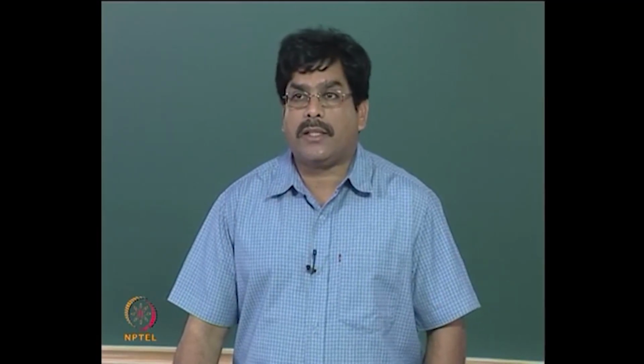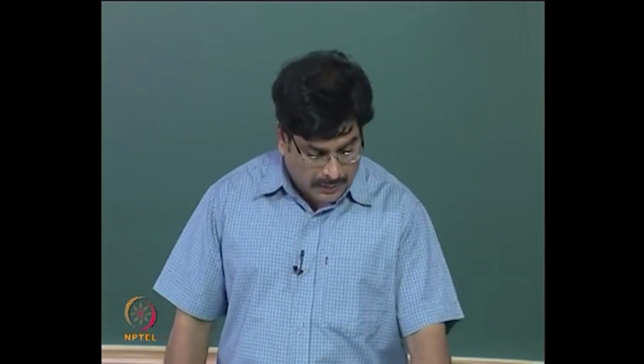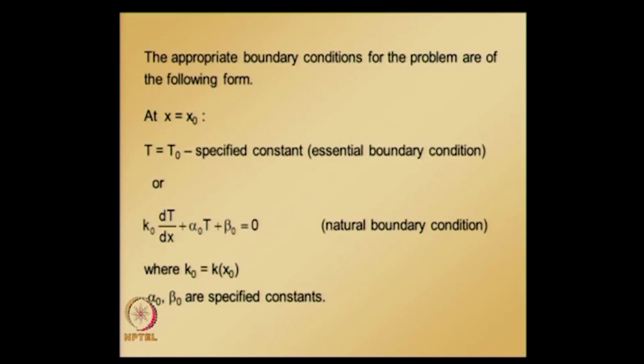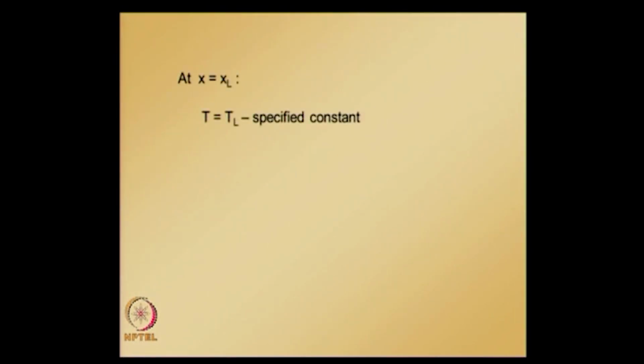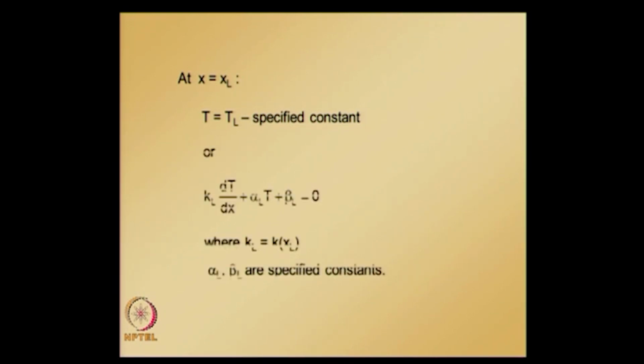So either of these boundary conditions can be specified at x is equal to x naught, and let us see the boundary conditions at x is equal to xl. At x is equal to xl, again either essential boundary conditions can be prescribed or a natural boundary condition can be prescribed, where kl is the known coefficient k evaluated at x is equal to xl, and alpha l and beta l are some specified constants.